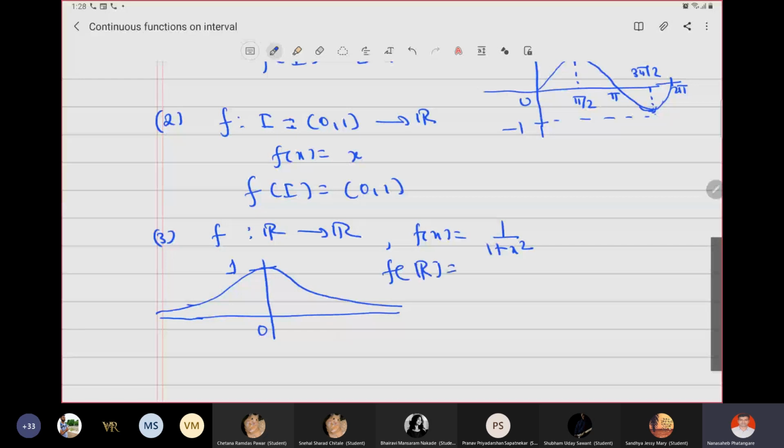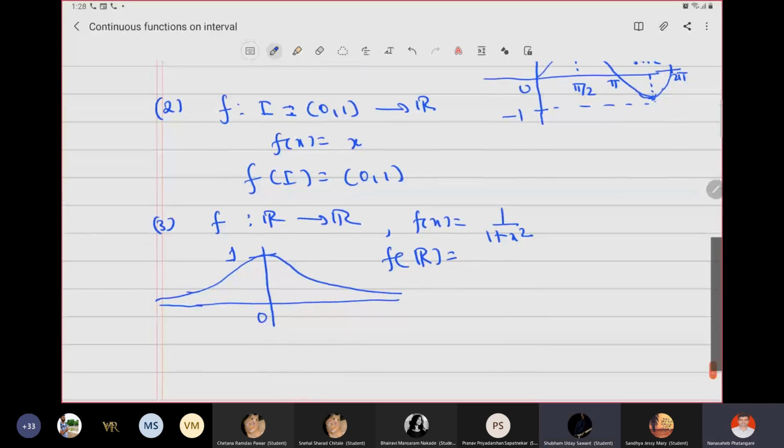What is the range now? Open at 0 and closed at 1. Very good, because it attains value 1 but never attains value 0. So the domain is the whole R, but the range is neither an open interval nor a closed interval. It is one end open and another end closed.